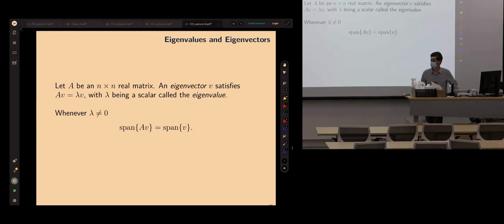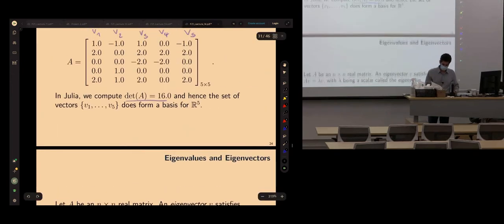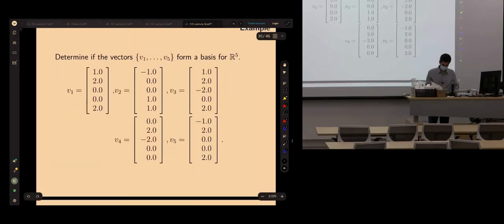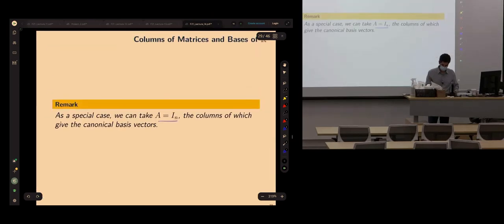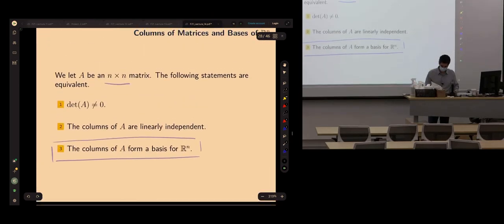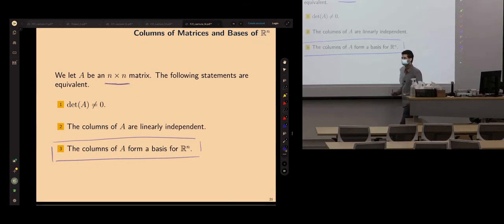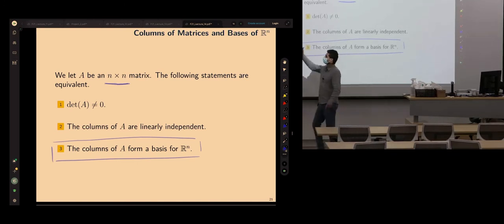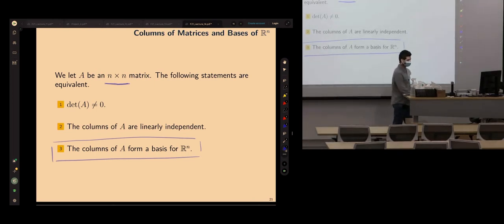So that only applies if it's a square, or if K is equal to N. Yes, good observation. When we talk about determinant, it must be a square matrix, right? We cannot talk about the determinant of a rectangular matrix.